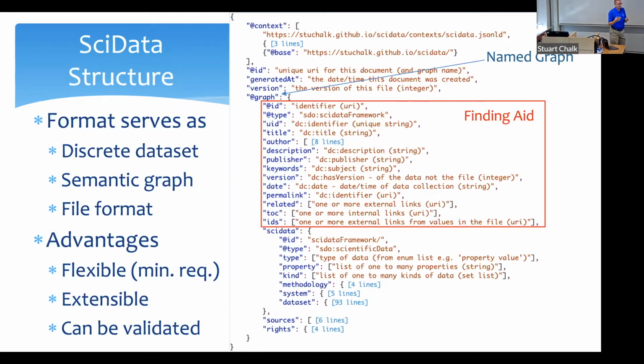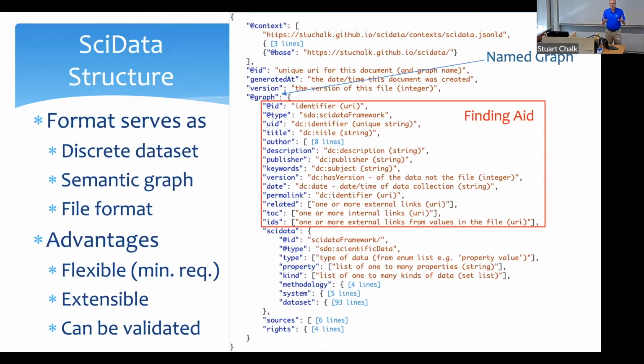So what we've done is basically said there are going to be different sections of this document, and none of these are required, but in a general sense, you can imagine there are certain fields that should really be in there, otherwise it doesn't mean much. So this stuff at the top is the general metadata, and we're thinking about it as a finding aid. The idea is that at some point, we hope there's going to be some infrastructure out there where a lot of research data is available.